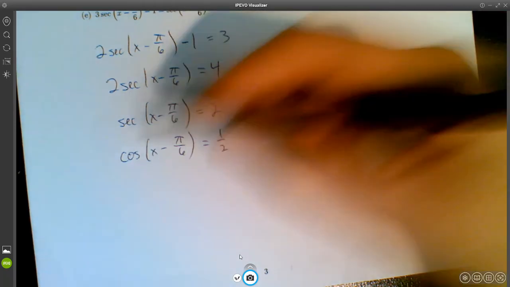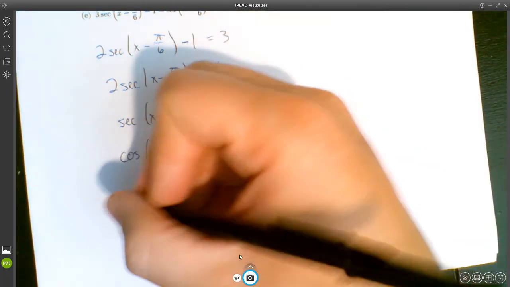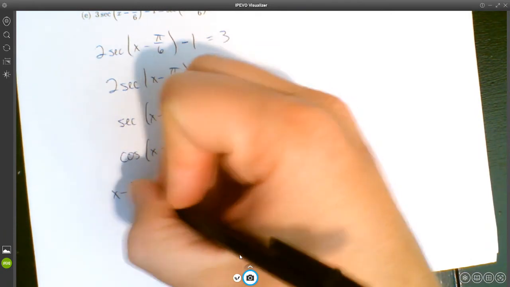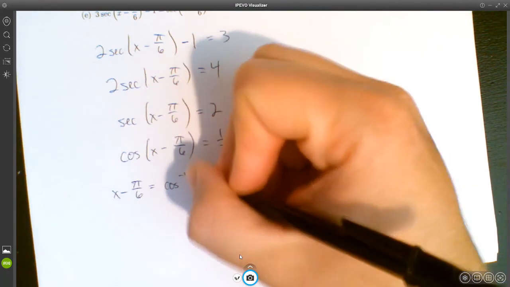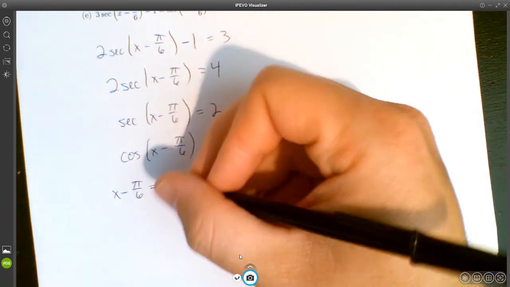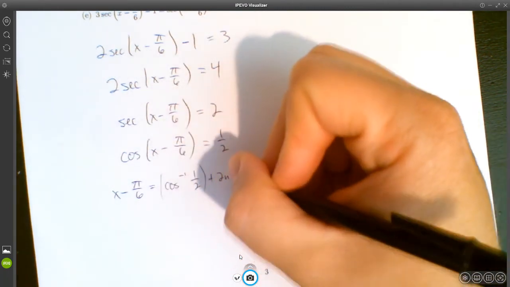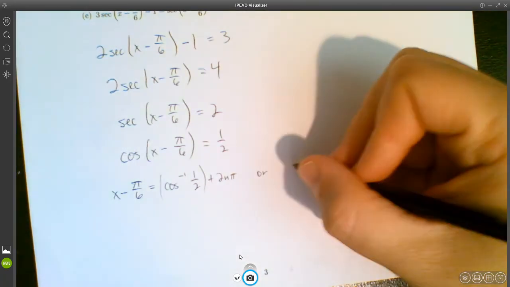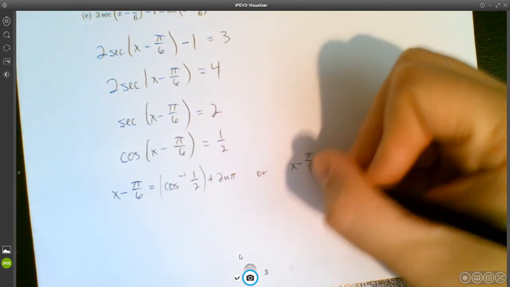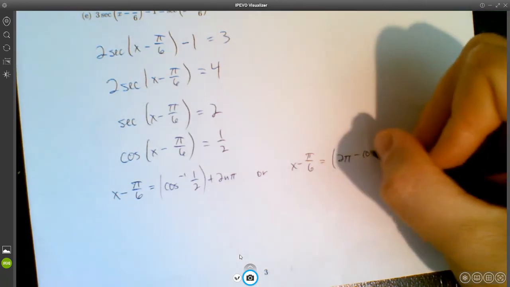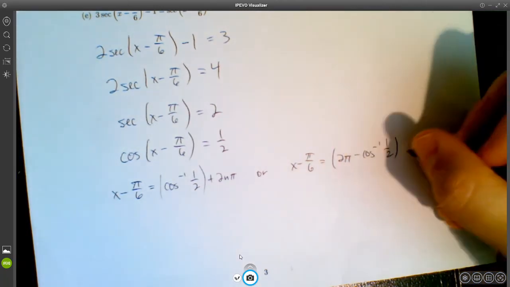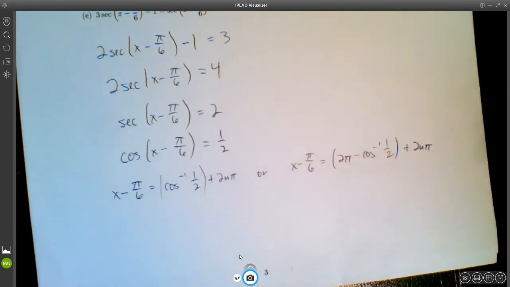Okay, so now what this tells us is that x minus pi over 6 equals cosine inverse of 1/2 plus 2n pi, or x minus pi over 6 equals 2 pi minus cosine inverse of 1/2 plus 2n pi. All right, those are the 2 possible solutions.